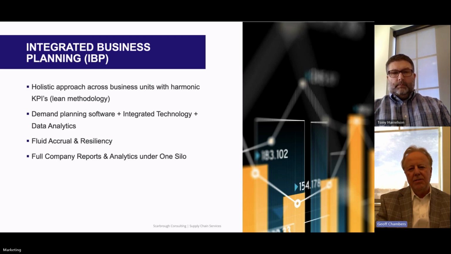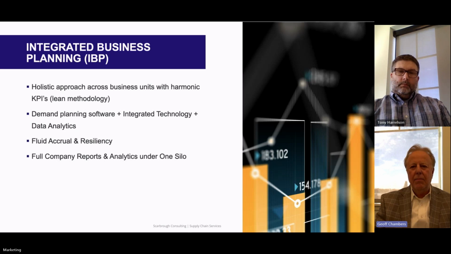So the holistic approach across business units with harmonic KPIs and supply chain modeling. In part one, we just uncovered a tree of KPIs. That tree of KPIs is based on lean methodology. We talked about everything on a circular basis.